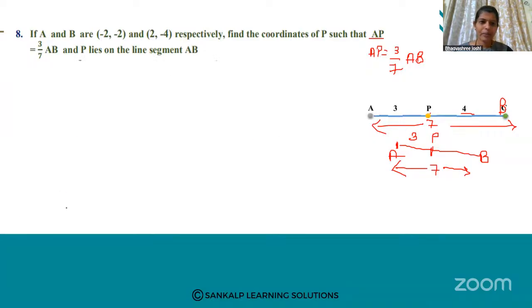Now, the coordinates of A and B they have given. We'll write that. Solution: A is (-2, -2). B they have given, that is (2, -4). Now AP is to PB.